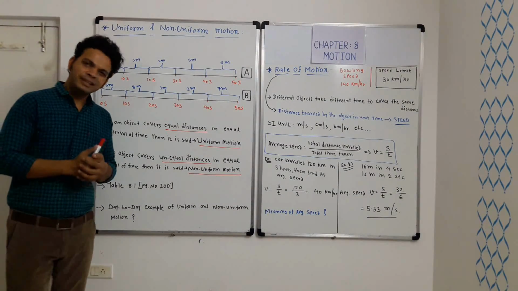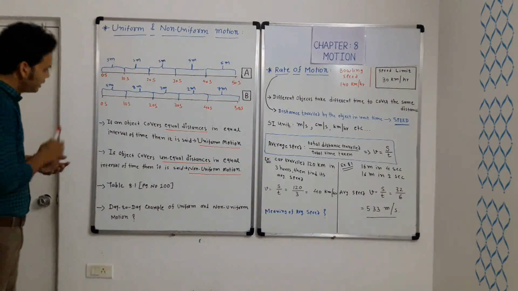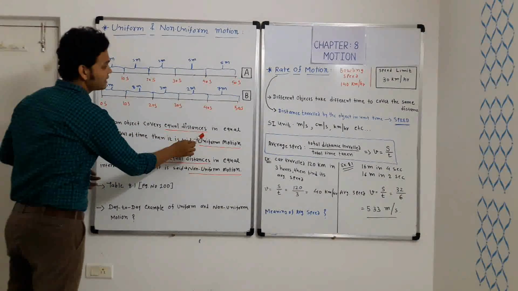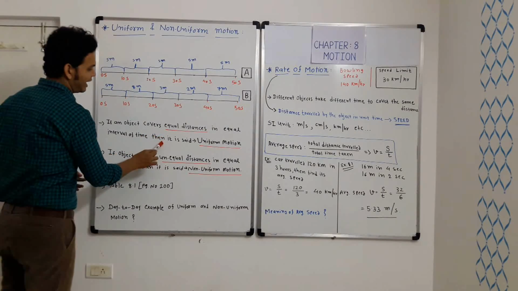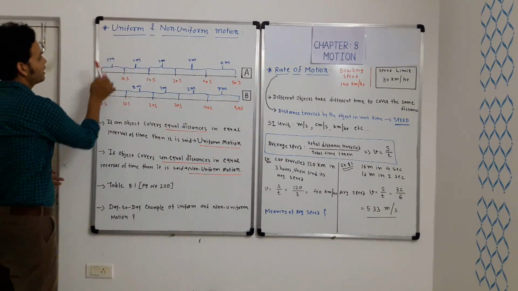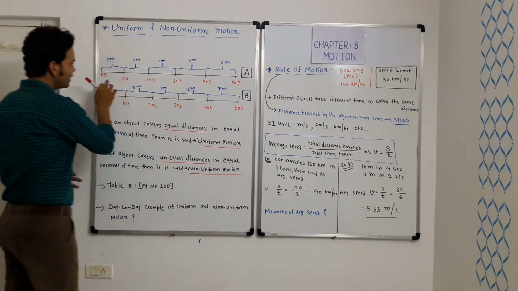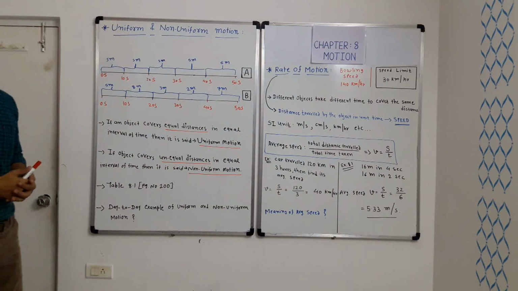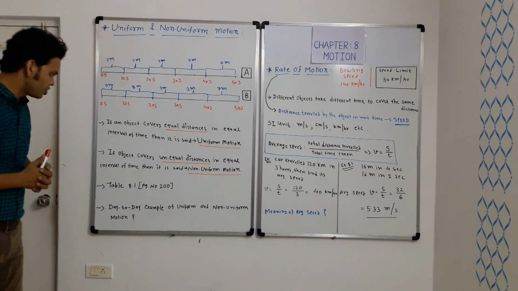Okay. So let us see the definitions. If an object covers equal distances in equal intervals of time, then it is said to perform uniform motion. So here, equal distances in equal intervals of time. So car A is said to be performing uniform motion.